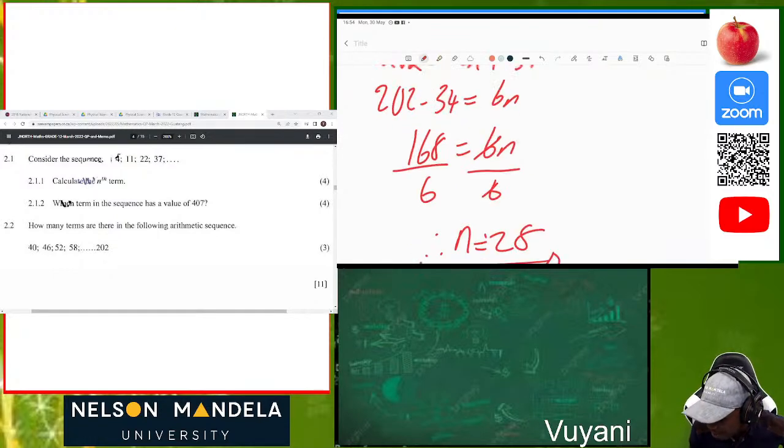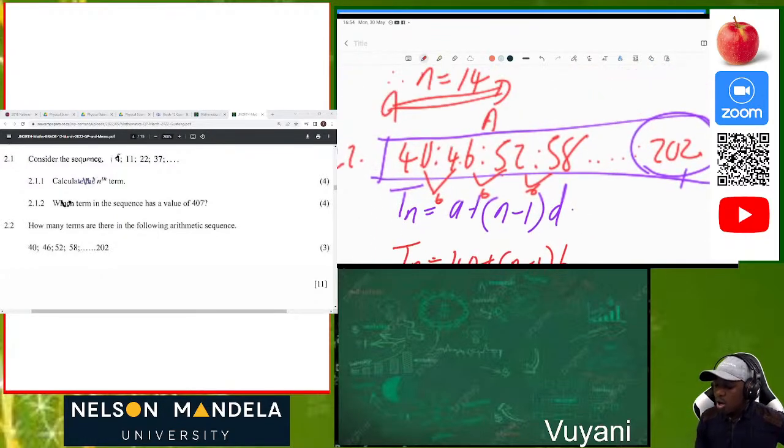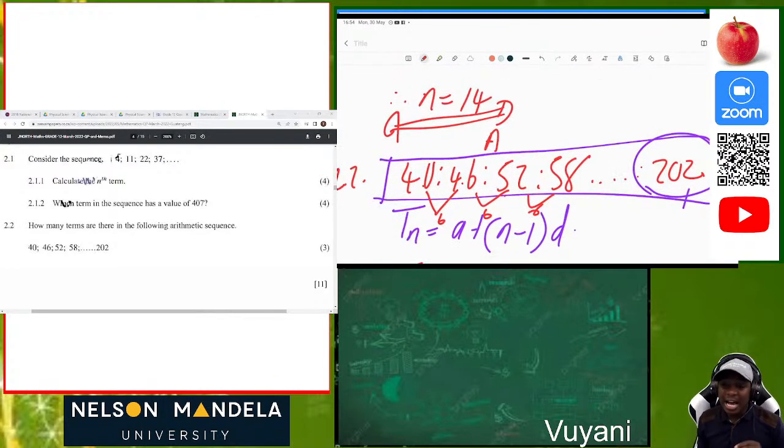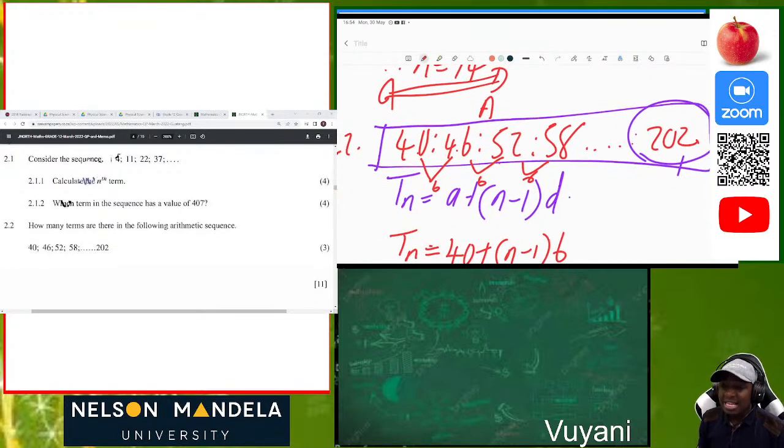So how did we calculate this? We analyzed it and they told us that this is an arithmetic sequence. Now we ask ourselves, what is an arithmetic sequence? An arithmetic sequence is a sequence which has a constant first difference, and it is calculated using the general term, which is Tn is equal to a plus n minus 1 all multiplied by d. Then they gave us the last term. If they gave us the first term and the last term, we can calculate how many terms are inside. For instance, from 1 to 100, how many numbers are there?